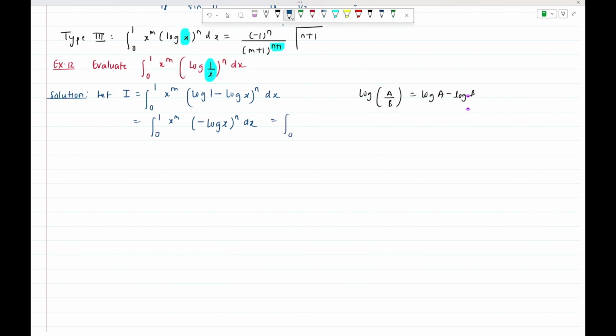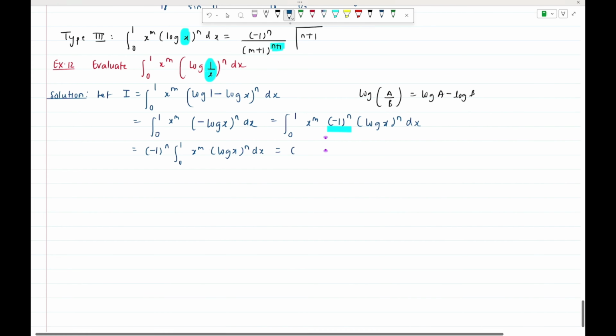So this is the integral from 0 to 1 x raised to m. Now for the next part we are going to separate this negative sign, so we can write this as negative 1 raised to n times log of x raised to n dx. And since this factor is a constant, it is going to come straight out of the integral. So the integral from 0 to 1, and we have negative 1 power n as a scalar, x raised to m log of x power n dx. And this looks like type 3.